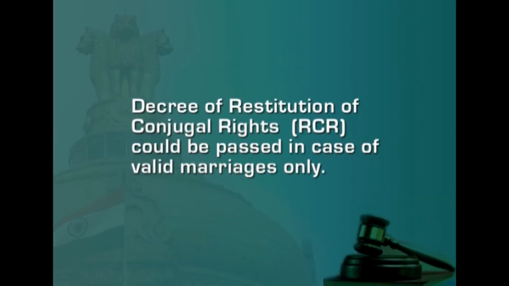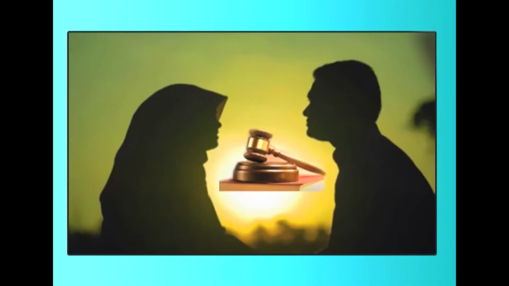Decree of restitution of conjugal rights, hereafter called RCR, could be passed in case of valid marriages only. A decree of RCR is an attempt to save the marriage by promoting reconciliation and requires the guilty party to live with the aggrieved party. However, a court cannot direct the guilty party be bodily handed over to the other spouse.